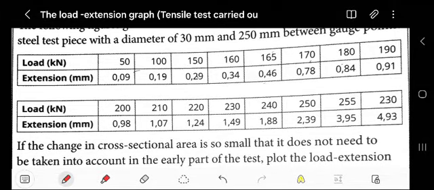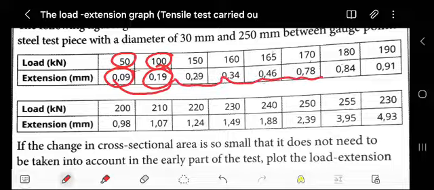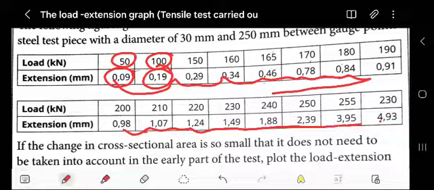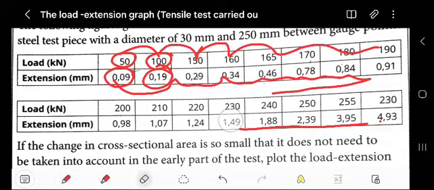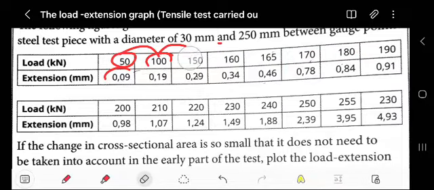The extension values go from 0 to 5 and the load values go 50, 100, 150. I'll just go by 50s so that I won't waste time. Then I will plot our points.